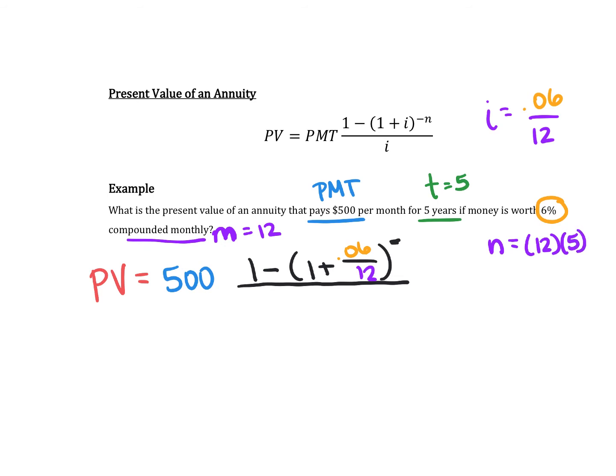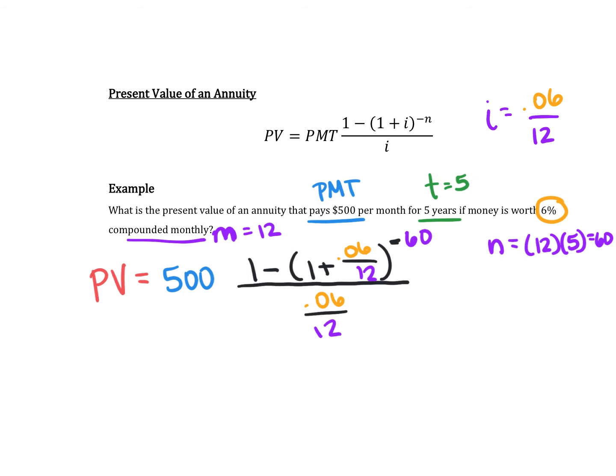So 12 times 5 gives 60. So it's raised to the negative 60th power. And then we have that divided by I, which is 0.06 divided by M, in this case 12 again. So here's how the formula sets up.